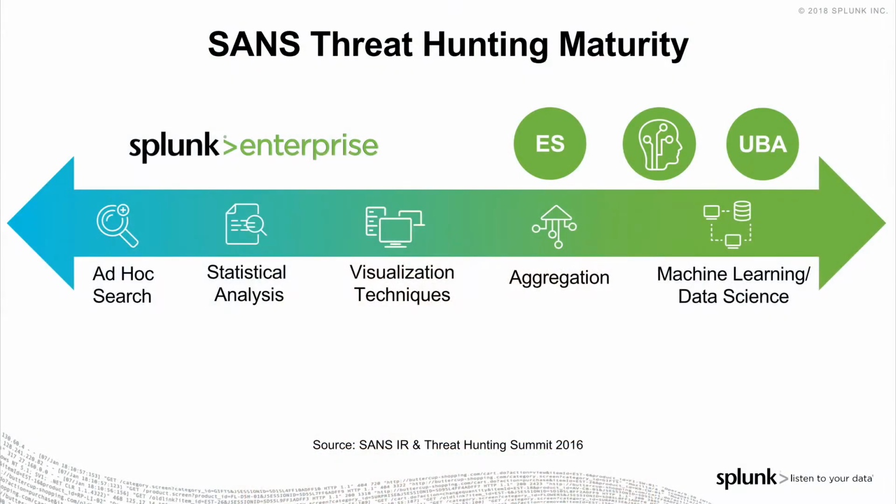And eventually you get a little bit tired of grepping through logs and doing ad hoc search, and you come up with statistical analysis. And eventually you get tired of tables and charts and move to visualization techniques to try and find what are the things within this mess of data that are valuable to me or insightful to my end user. And then lastly, we get to aggregation.